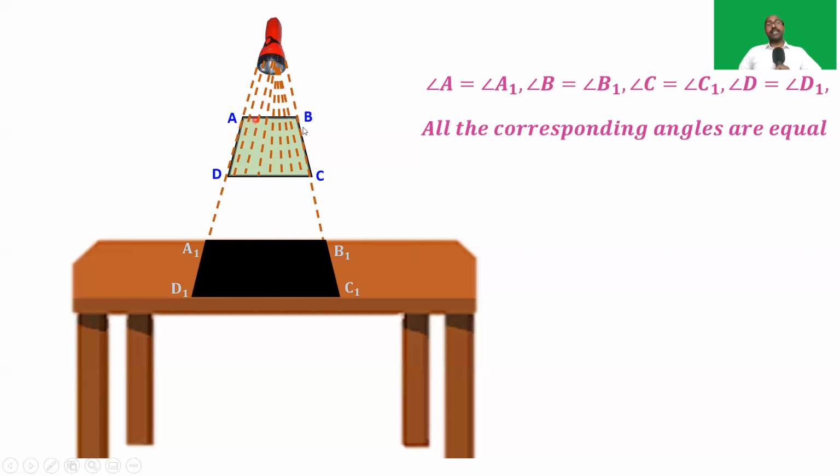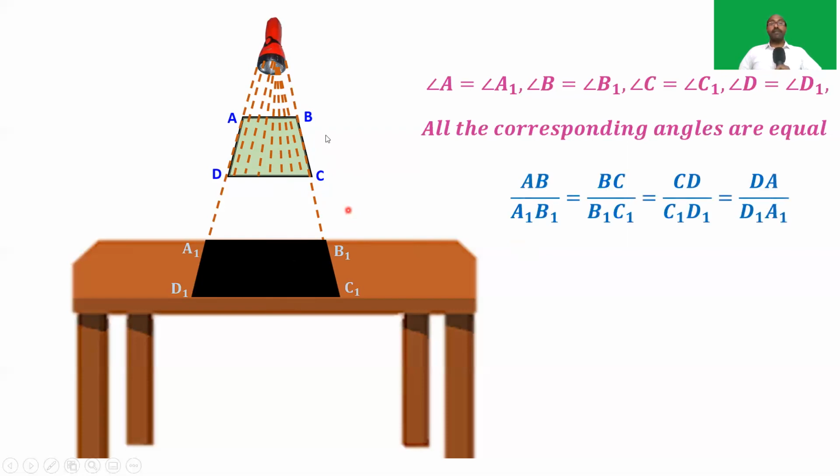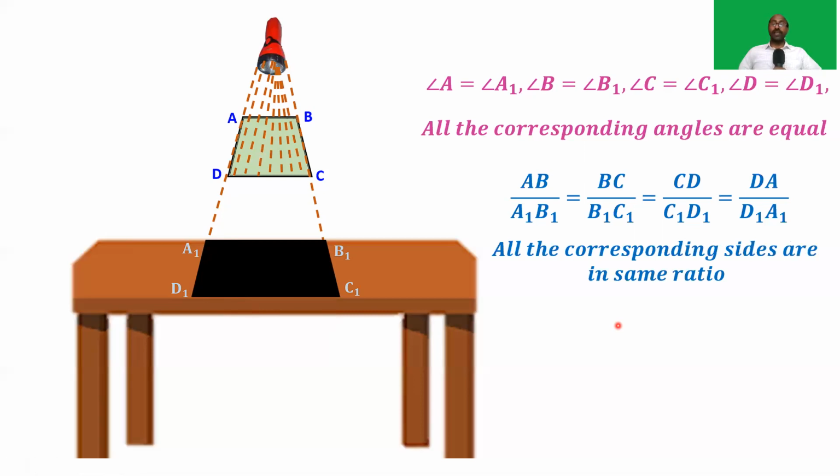And by measuring the sides of these two quadrilaterals and finding the ratio of corresponding sides, we can notice that AB by A1B1 is equal to BC by B1C1 is equal to CD by C1D1 is equal to AD by A1D1. That is, all the corresponding sides are in the same ratio. That is, we can say that they are in proportion.